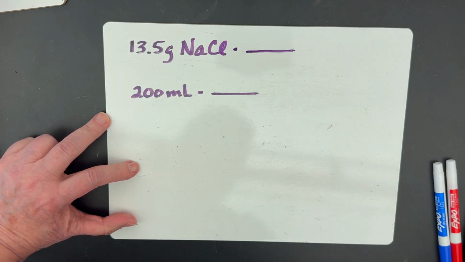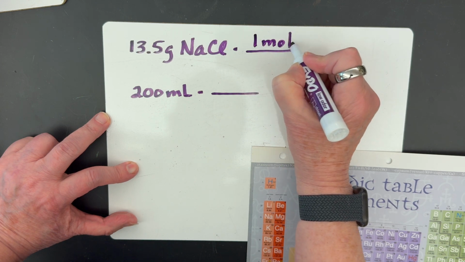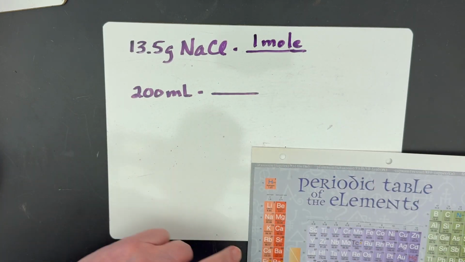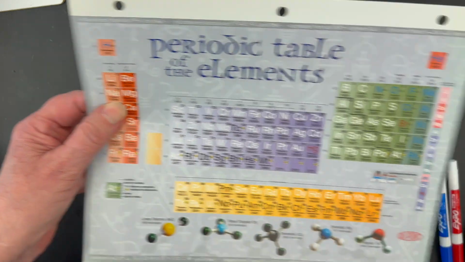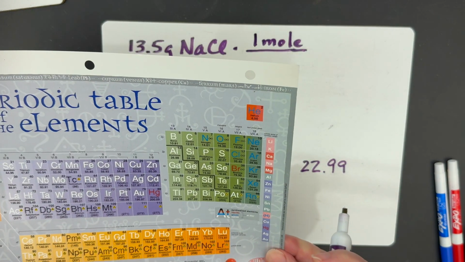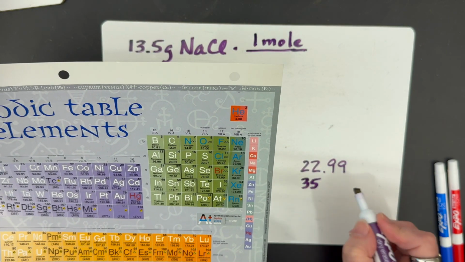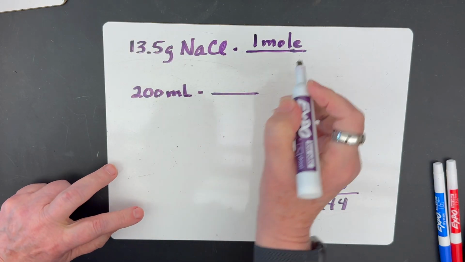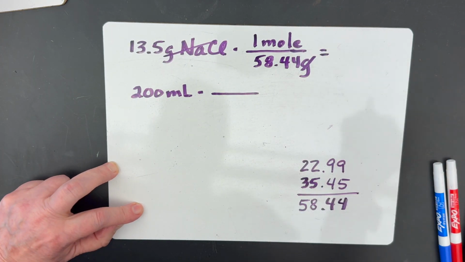So grams to moles, we use our periodic table, and we're going to put 1 mole on top, and on the bottom we have to add up 1 Na and 1 Cl. Na is 22.99 grams per mole, and Cl is 35.45, 58.44 grams per mole. Our grams cancels and we're left with moles.